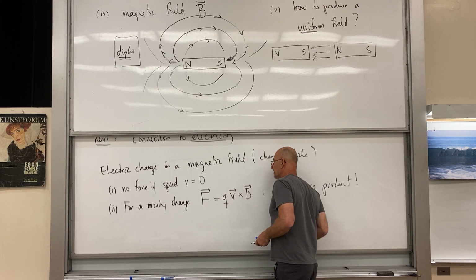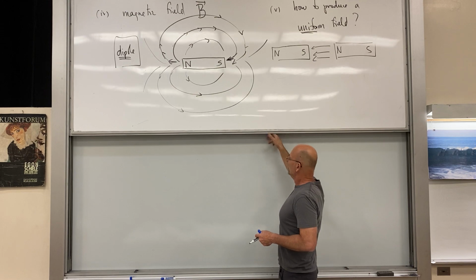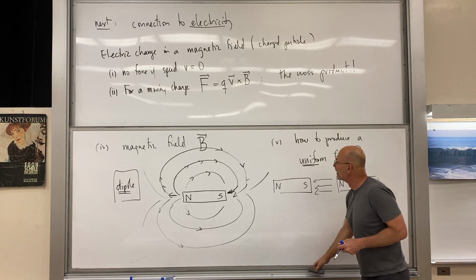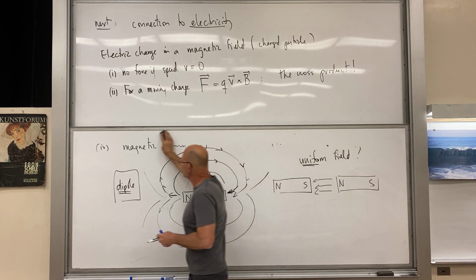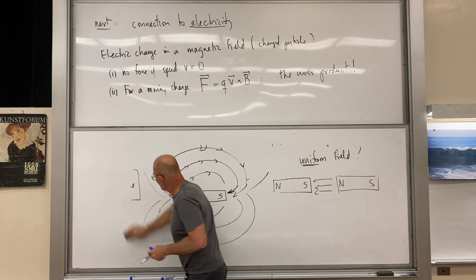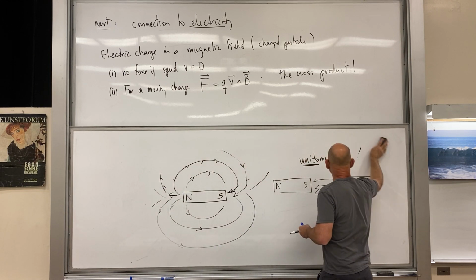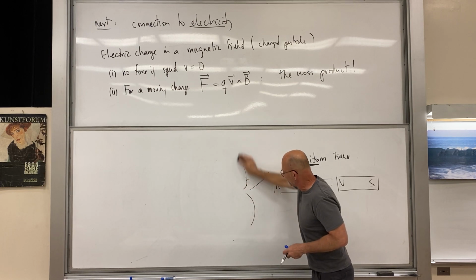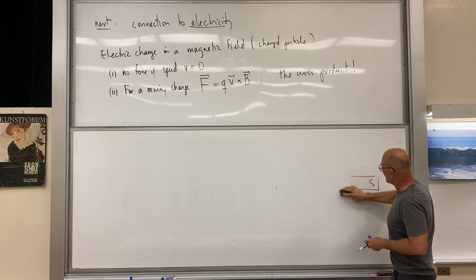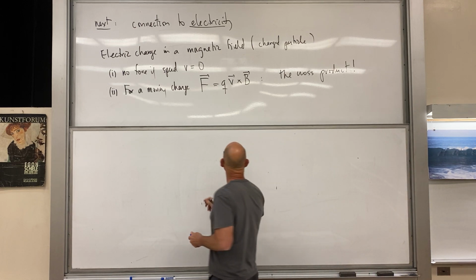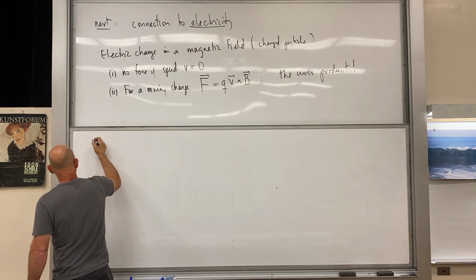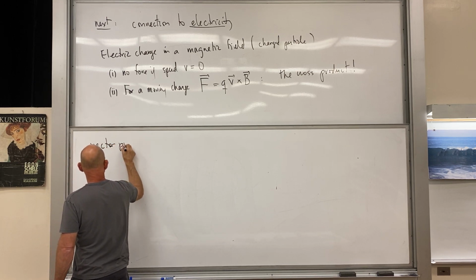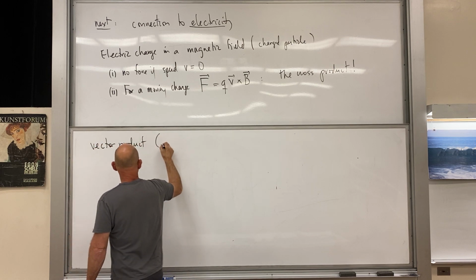So let's have a look here at the cross product. Hopefully you've seen it before, but a review never hurts. The abstract properties, for two vectors A and B. The cross product, also referred to as the vector product.